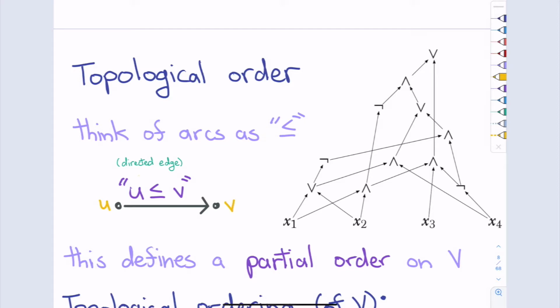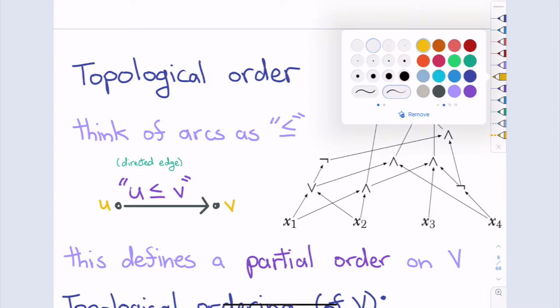So if I think of each directed edge as noting some kind of precedence, so if A goes to B, that's like saying A is less than or equal to B. Okay, which for us in circuits is really saying A needs to be evaluated and have its output ready before I can calculate B. Okay, so for physics, for circuits, this is very natural.